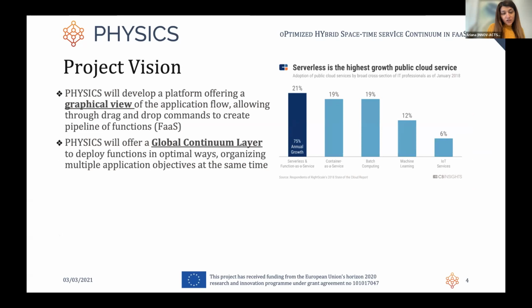So basically, the vision of our project is to develop a platform offering a graphical view in order to allow the drag and drop of commands and create the pipeline of functions. And basically, the project will offer a global computing layer which will deploy functions in optimal ways and organize multiple application objectives at the same time.